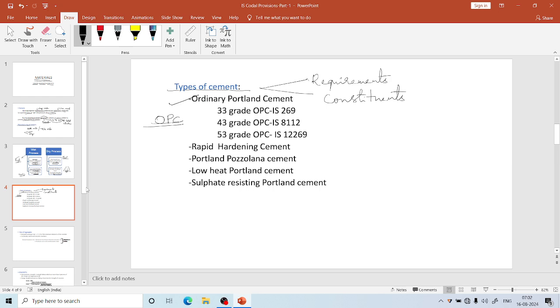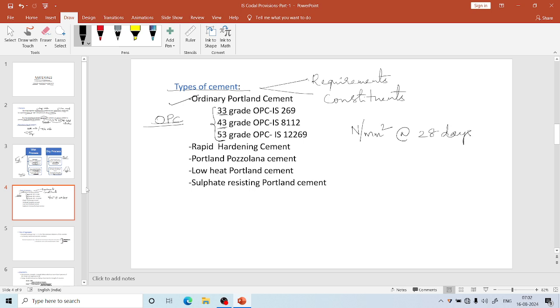We have 3 grades in it: 33 grade, 43 grade and 53 grade. So what are these numbers 33, 43 and 53? These are characteristic strengths in Newton per mm square at 28 days.